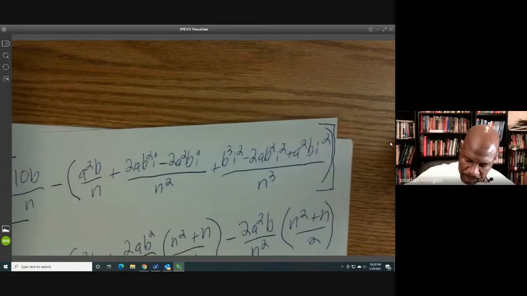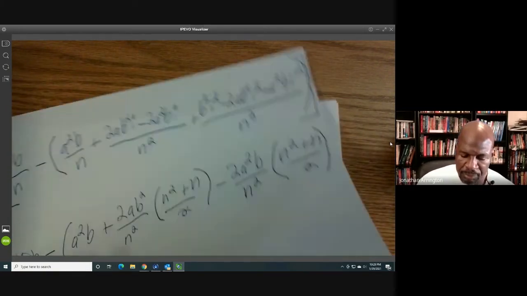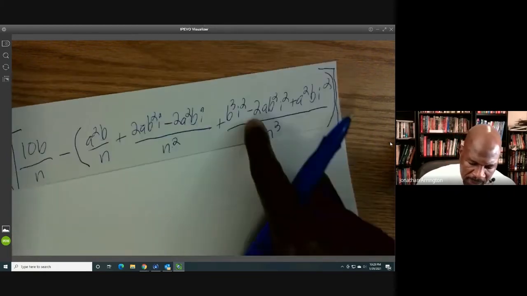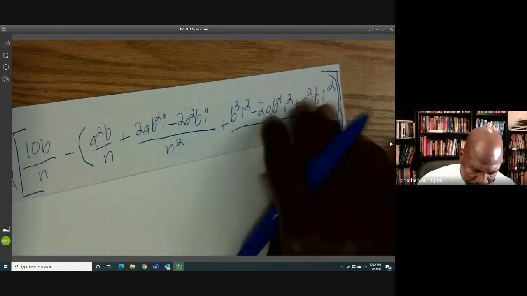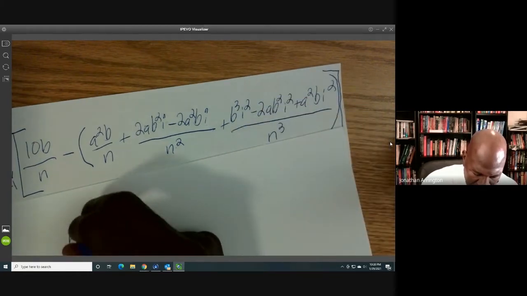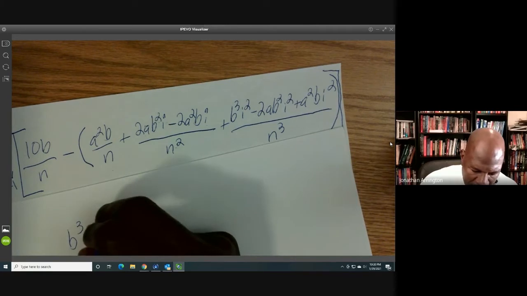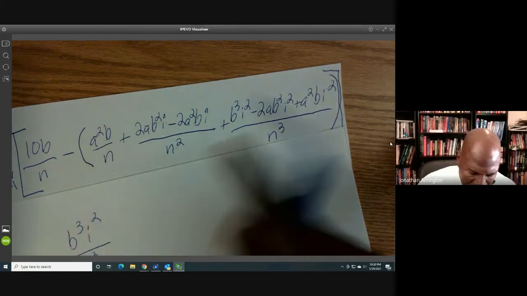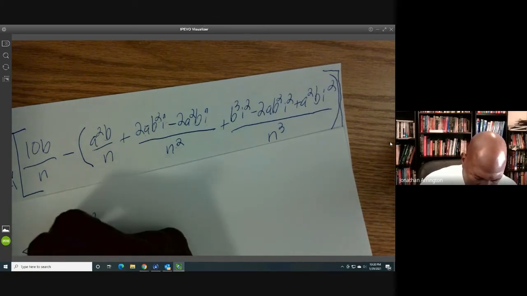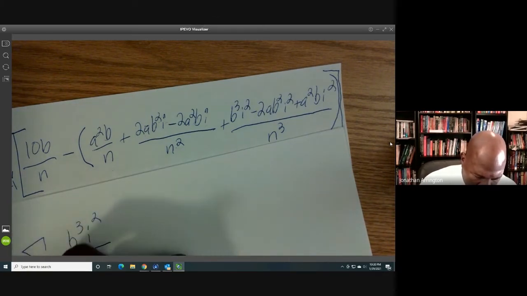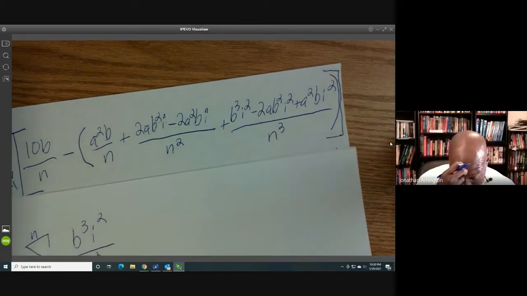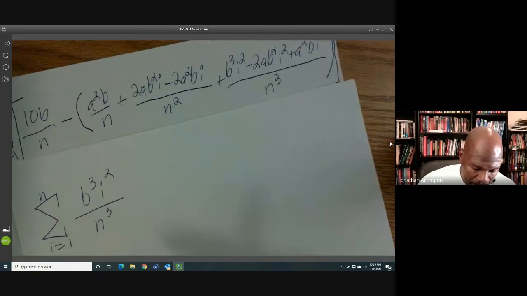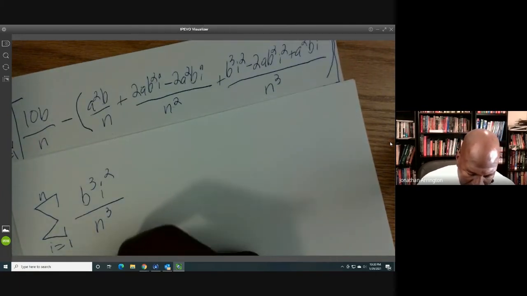So let me just take this first part of this fraction, which is b cubed i squared over n cubed. And of course, I'm summing this guy. Okay, cool. Now, b cubed over n cubed.